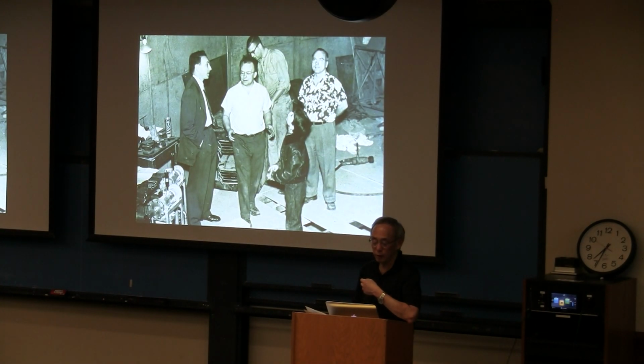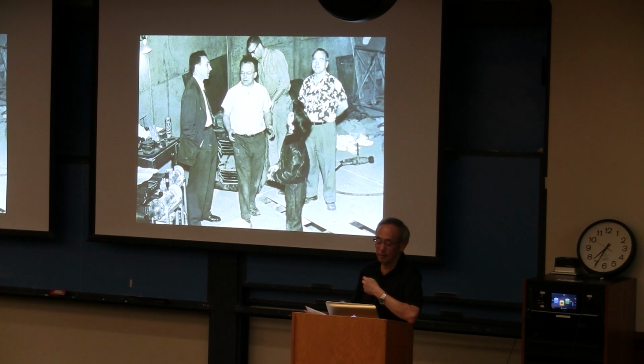This is an early picture I was able to boot up of Bob on the left-hand side with Pief Panofsky and a young Doug Hofstadter in an experimental chamber that was being built that would eventually be able to look at electron scattering here at Stanford campus.